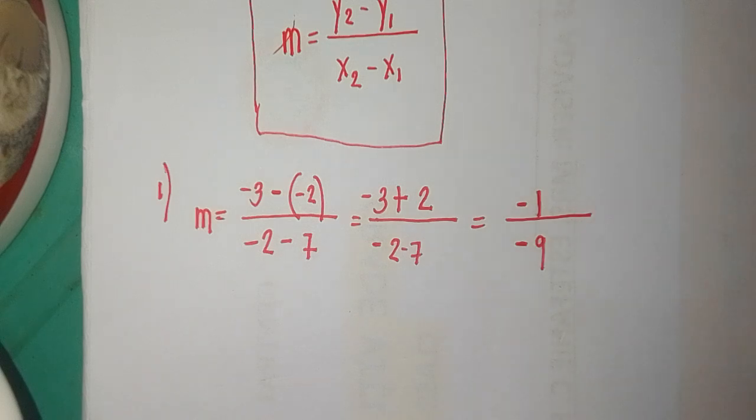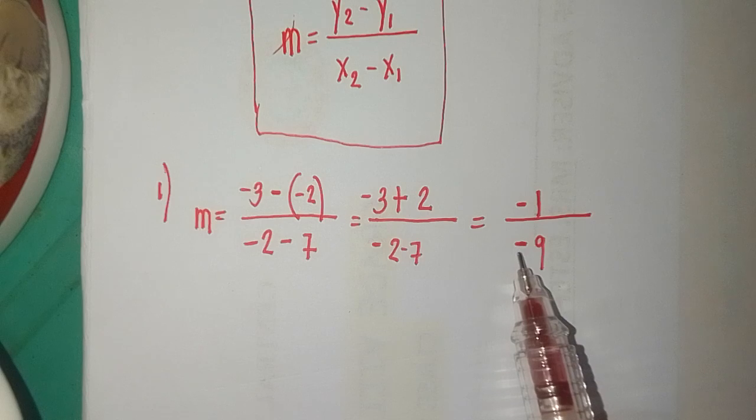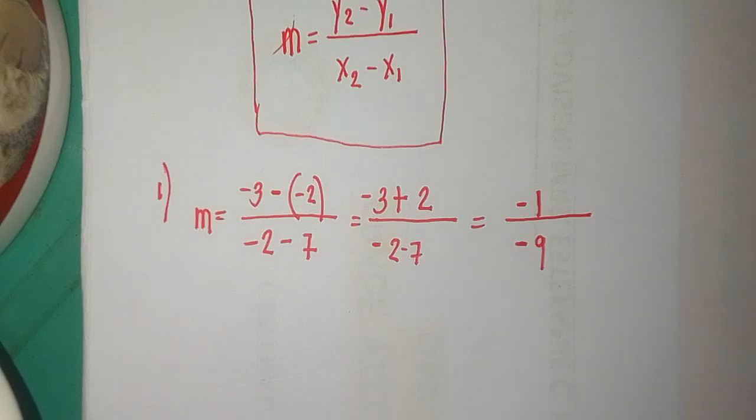Now, how about the sign? Let us look also at the sign. The numerator is negative and the denominator is negative. Please take note that in multiplying and dividing different signs, the answer is always negative. If similar signs are multiplied or divided, the answer is always positive.